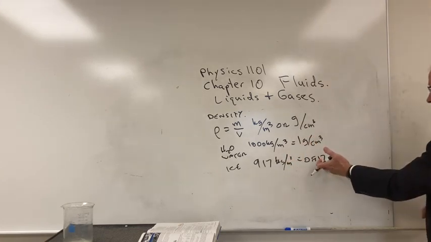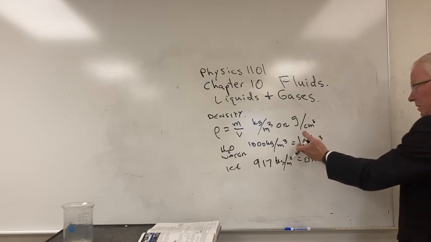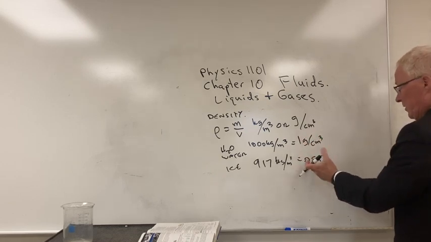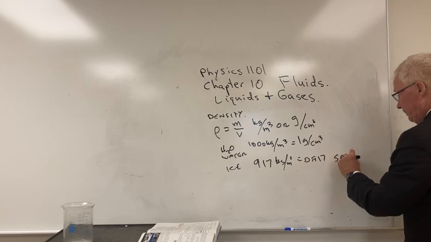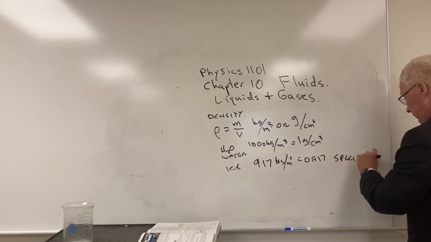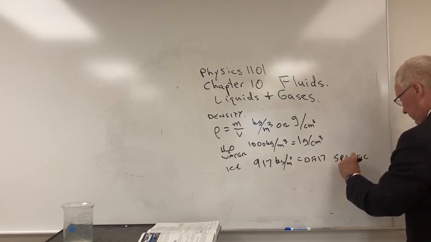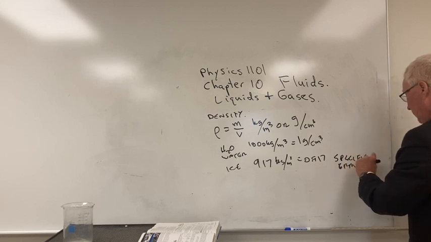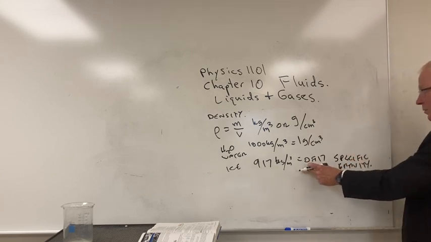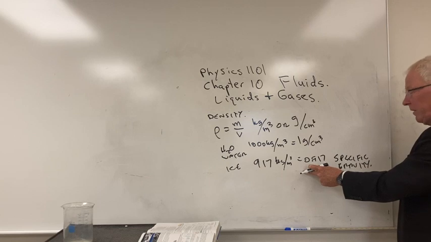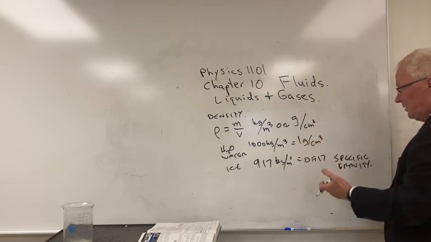And we could also refer to this relative to the density of water as the specific gravity. So we don't have a unit with this when we talk about specific gravity, because we're comparing the density of the object to the density of water.